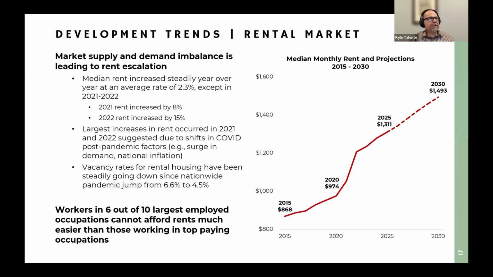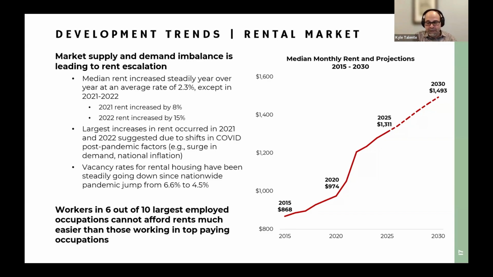From a development trends perspective, and this is just identifying the impact of the demand being greater than the supply, what you're looking at here is median rent for apartments in the county over the past 10 or so years has gone up over almost $500, which is like a 60% increase in 10 years, I'm doing that math in my head, which is substantial, and it's projected to continue into the future.